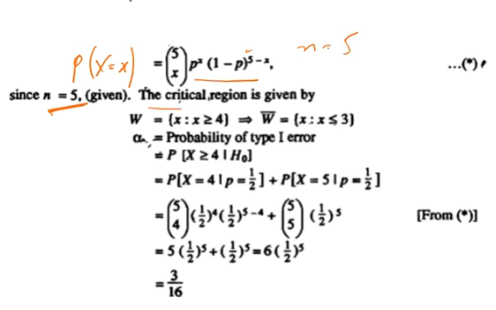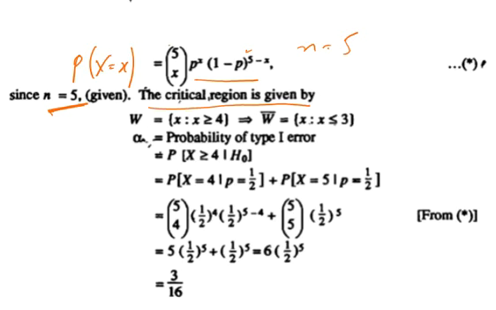Now the critical region, according to the question, is that we reject if more than 3 heads appear. More than 3 means it may be 4 heads or 5 heads, because the maximum we can get in this experiment is 5 heads, as the number of tosses is 5.